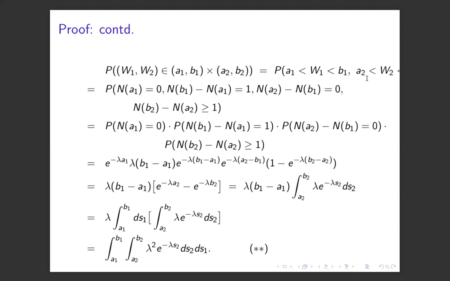And what about the second arrival being in the interval (A2, B2)? We are not saying only the second arrival is here. This interval can even have 5 arrivals. So this event is the same thing as N(A1) equal to 0, N(B1) minus N(A1) equal to 1, N(A2) minus N(B1) equal to 0, and N(B2) minus N(A2) is greater than or equal to 1.